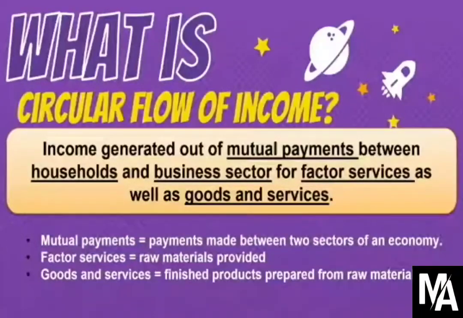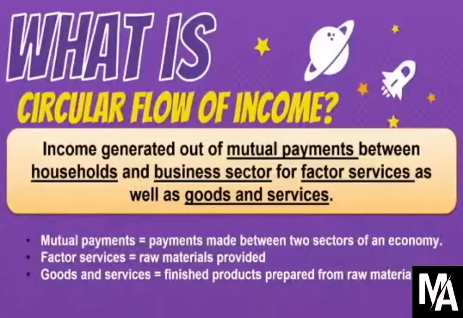The household, the farmer, had paid the baker for bread, and the baker also had paid the farmer for raw materials. And so mutual payments are nothing but payments made between two sectors of an economy. If we understand the farmer as the household sector, then the baker will be the firms or the business sector.